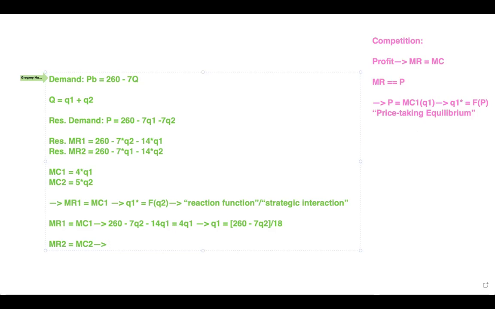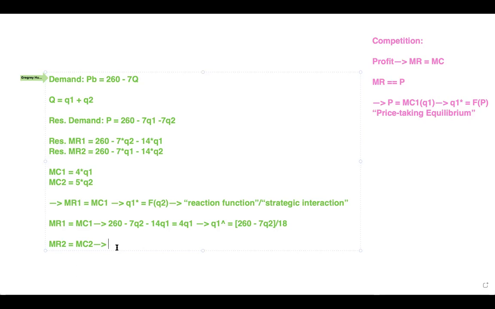Okay. So why don't we do exactly what I did here just to make sure, and I'm gonna put a little hat there on the Q1, so we know it's a reaction function. And so what should I write here? I have MR2 is equal to MC2. Why don't you walk me through that part of it, Andres?